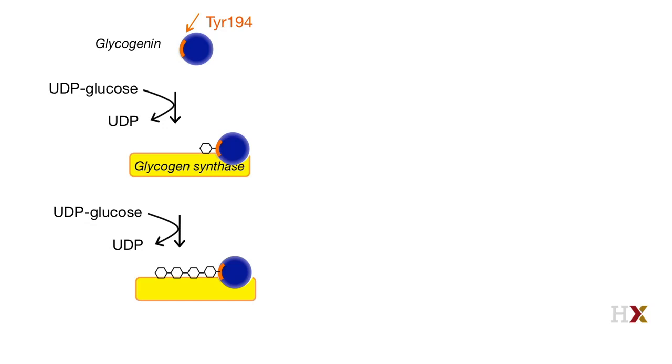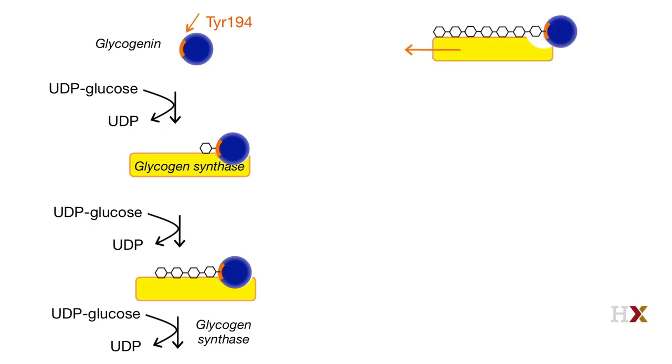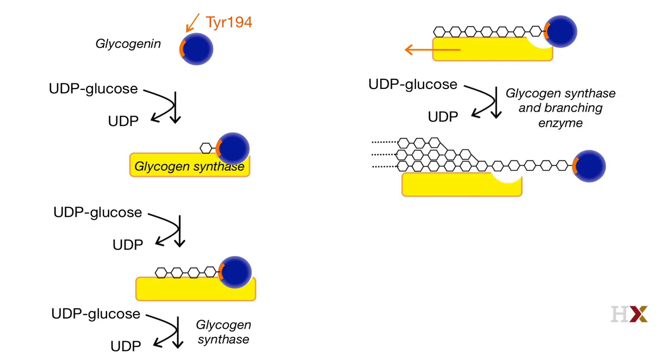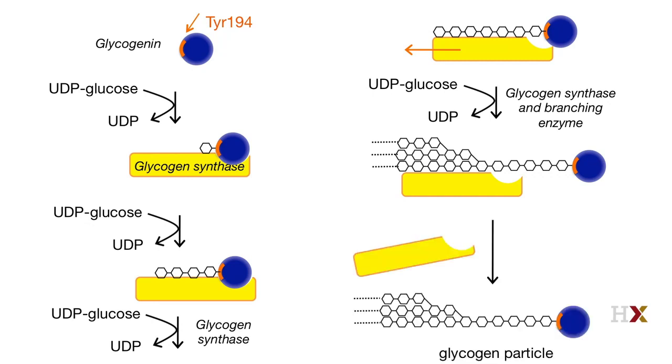Once the primer is assembled, then glycogen synthase will take over, elongate the primer, move away from glycogenin, and then start to elongate the chain. The branching enzyme will come into play, and you will have the final organization of a glycogen molecule.